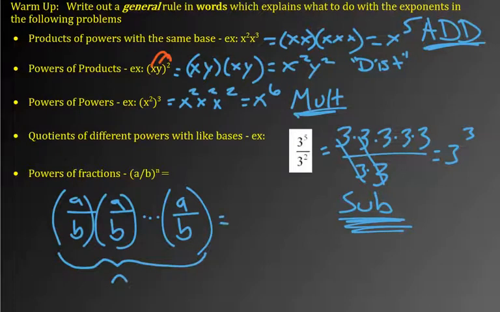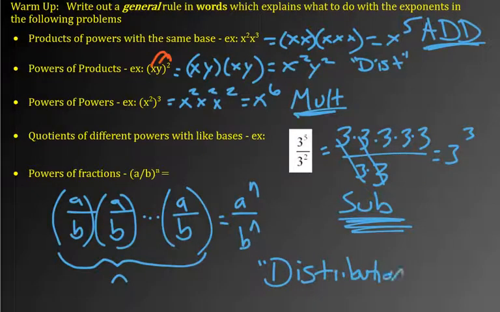And so if you go and you just multiply across on a fraction, you have a to the n over b to the n, right? So this one is still just kind of like distribution. But again, I'm going to put it in quotes because it's not really distribution. But the idea is you're putting the n sort of on both of these, just like you put the n on both of these here. Okay? And those are kind of like the biggies.